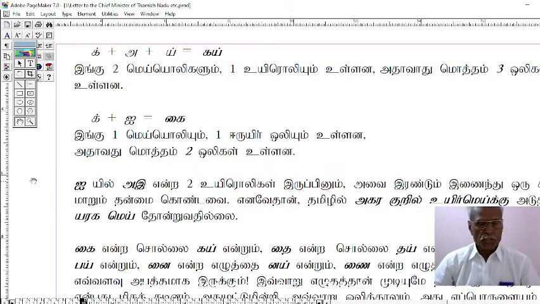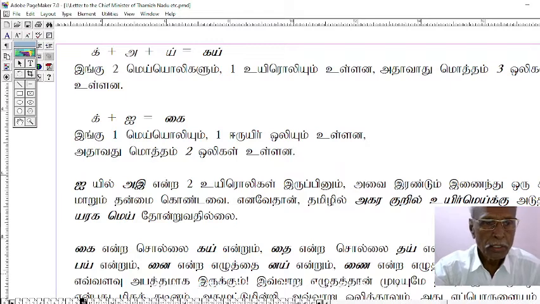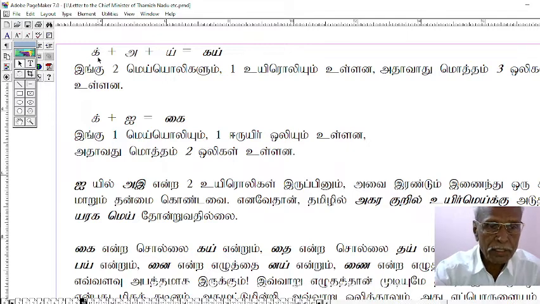Dear teachers and students, listen here carefully. That is the consonant letter ik and the vowel a combine themselves forming ka, and e stands with them.